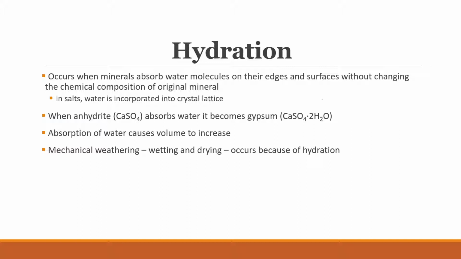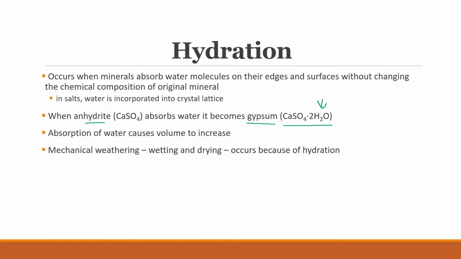So we've incorporated water into the crystal structure within this chemical formula, and we actually now have a transition from one mineral, anhydrite, to a different mineral, gypsum. The absorption of the water also causes the volume to increase, which is similar to the mechanical weathering process of wetting and drying.